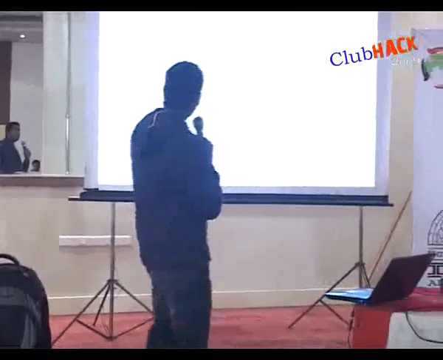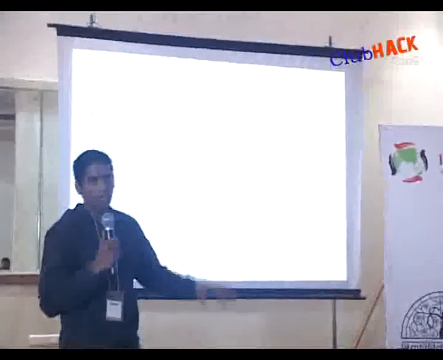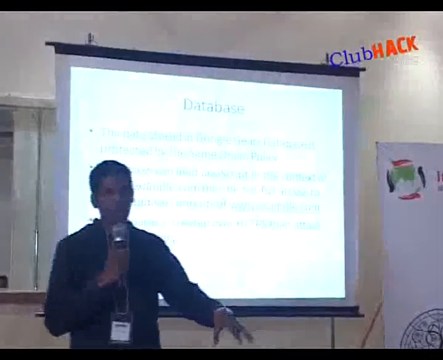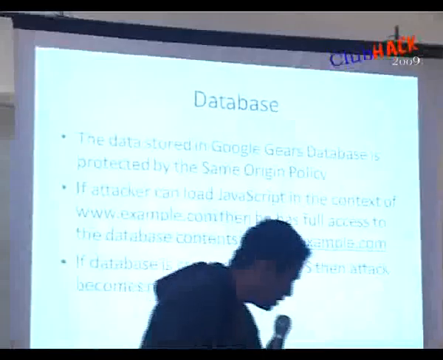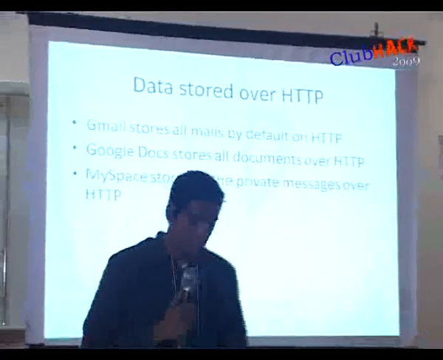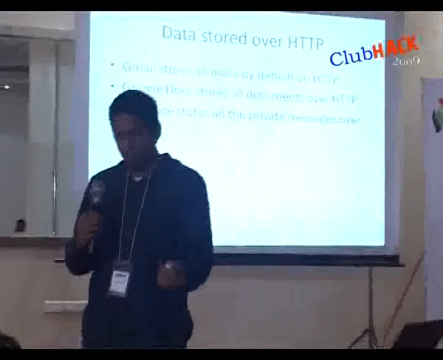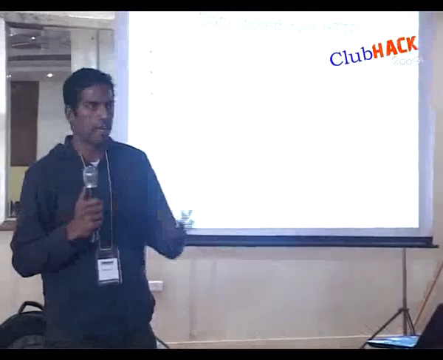This is the explanation of the database part, basically saying that if the database is created by example.com, only JavaScript loading from example.com can have access to the database. Now, I told you that if data is stored by google.com, when you connect to my access point, I can become google.com.